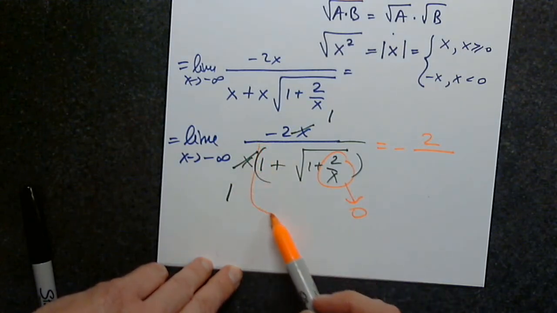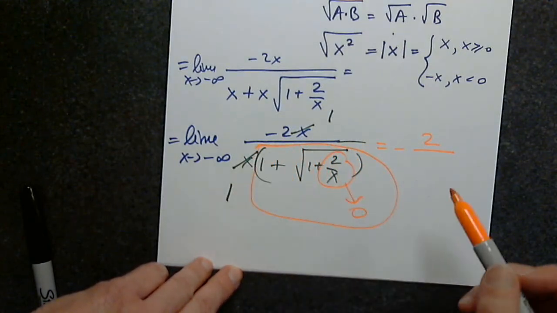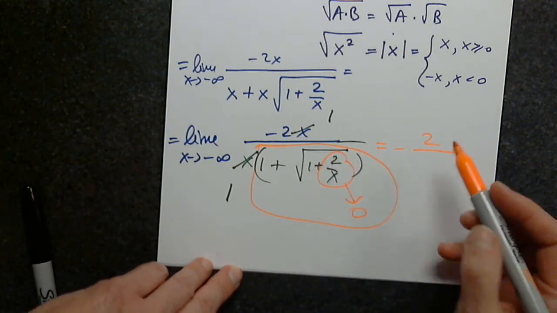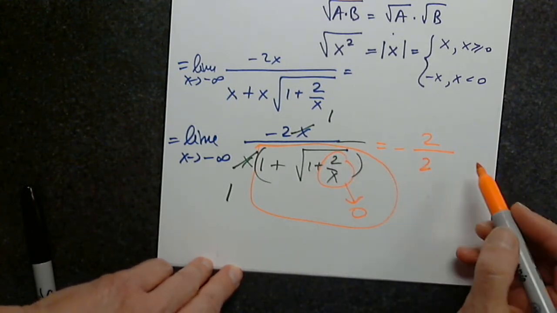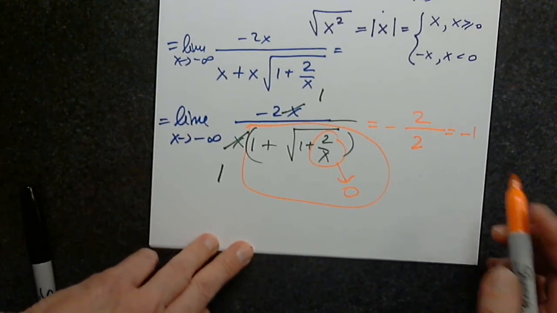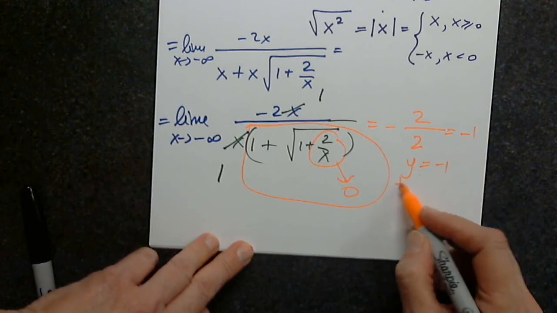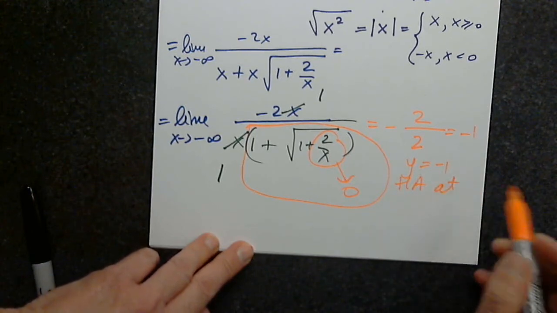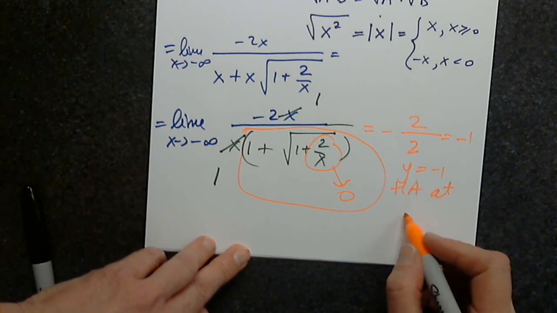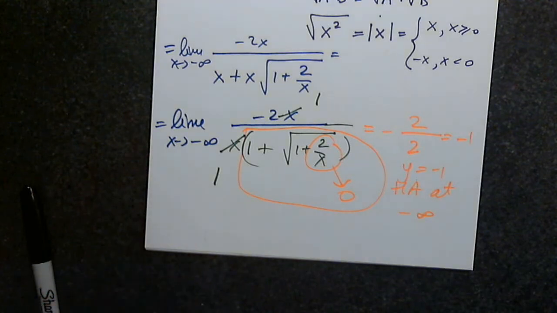So where does the denominator go then? 0, 1, 2. Good. It's 2. So then y equals -1. Horizontal asymptote. Definitely. For sure. Where? At? That's it. That's absolutely it.